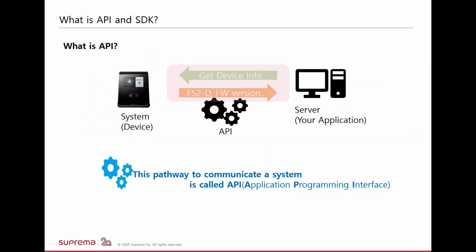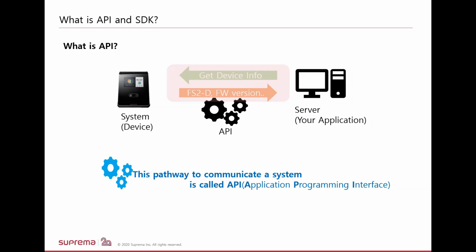An API is an interface that helps one software interact with another one. It is like a communication pathway between 2 different systems. For example, if you want to see the device information from your server, you will have to use a pathway to communicate between your server and the device, which is an API. You send a command via API that retrieves information, and the device will respond to your server with a result.